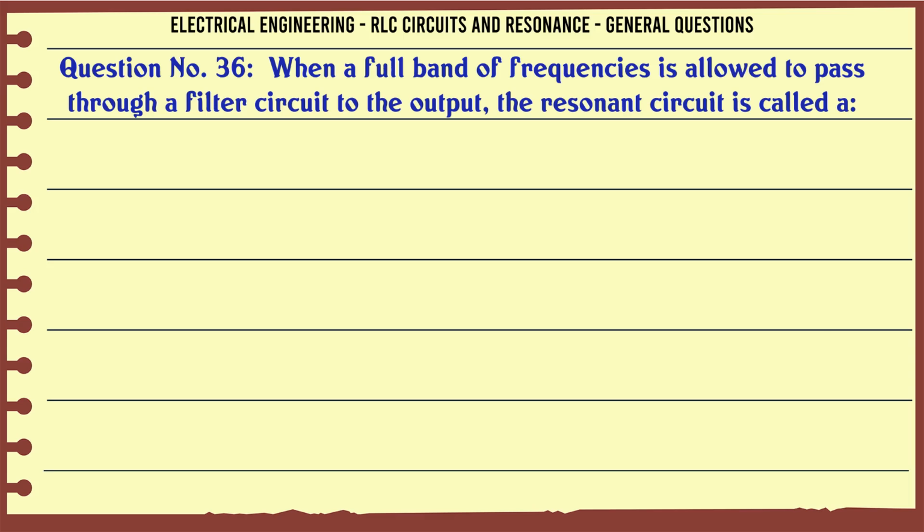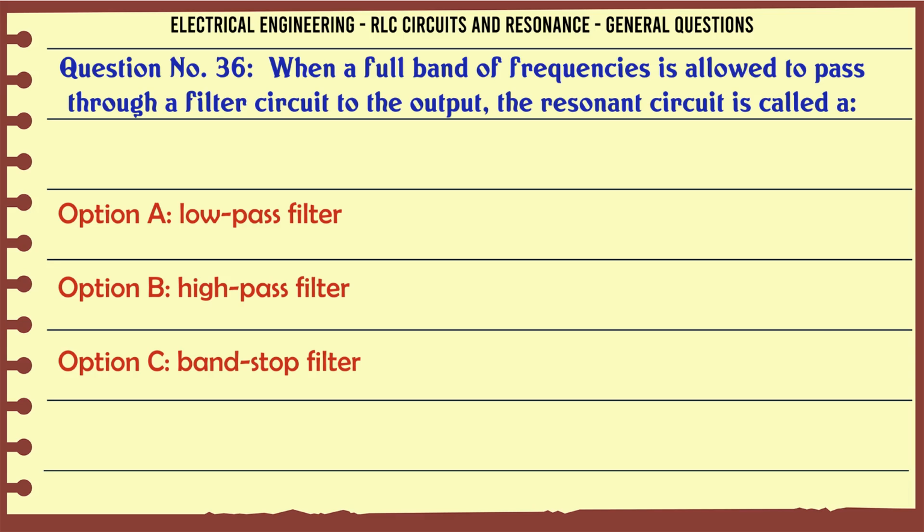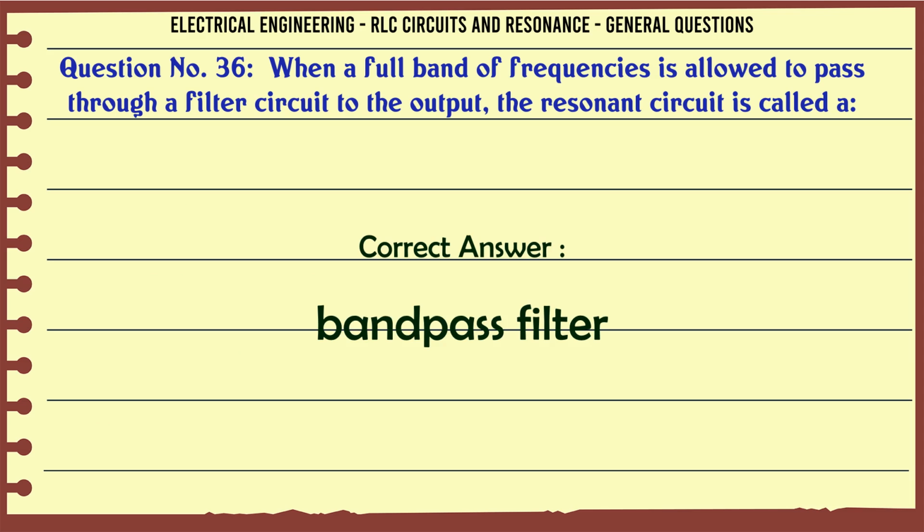When a full band of frequencies is allowed to pass through a filter circuit to the output, the resonant circuit is called A. Low-pass filter. B. High-pass filter. C. Band-stop filter. D. Band-pass filter. The correct answer is band-pass filter.